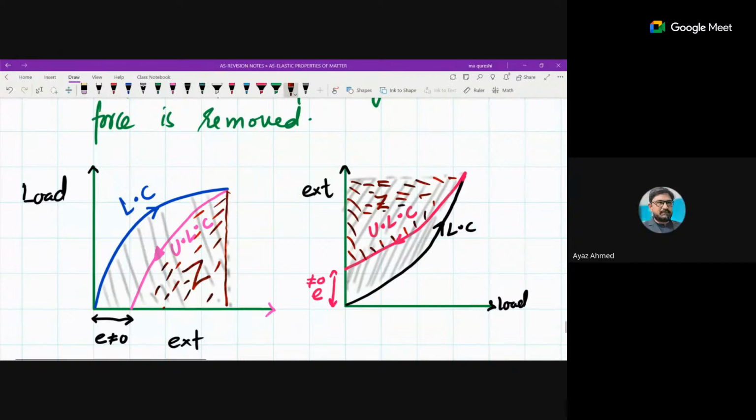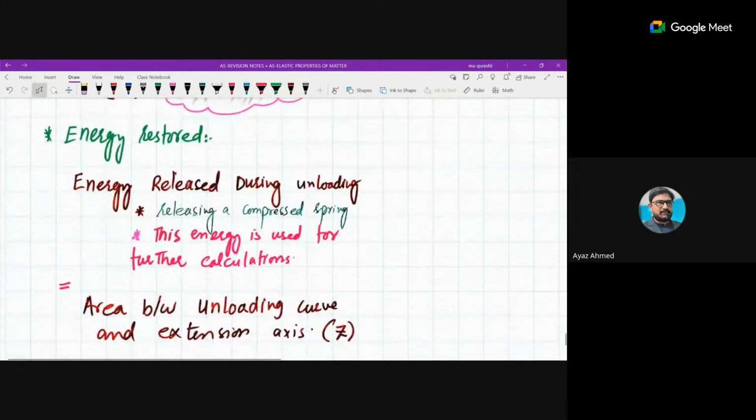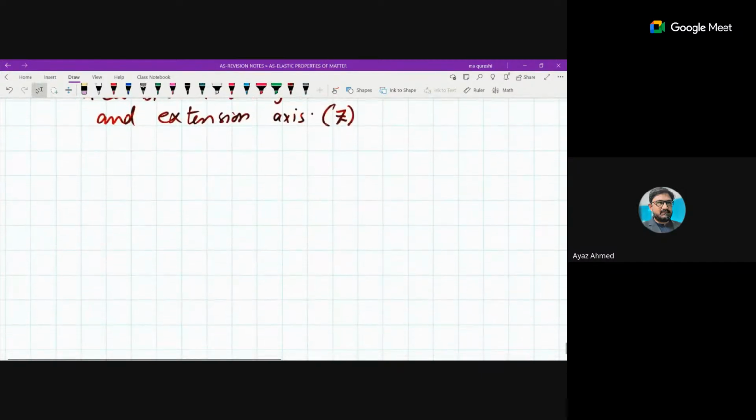And the final one is basically Y minus Z. Got it? Y minus Z means the area between two curves. This is the energy lost, dissipated.